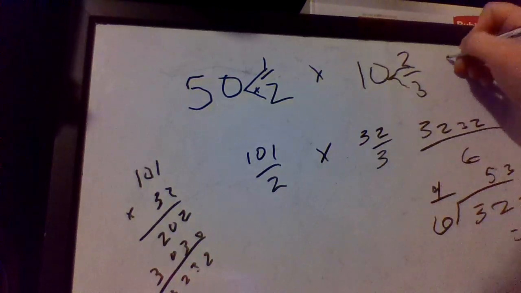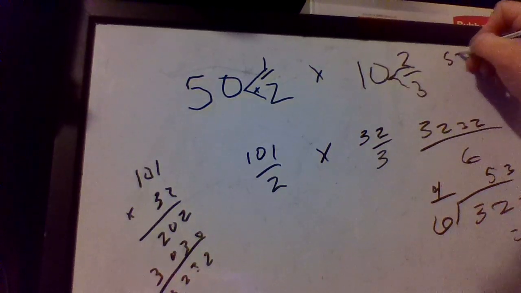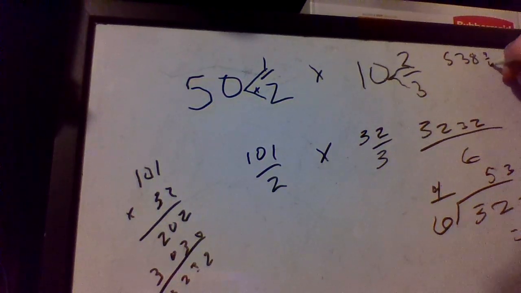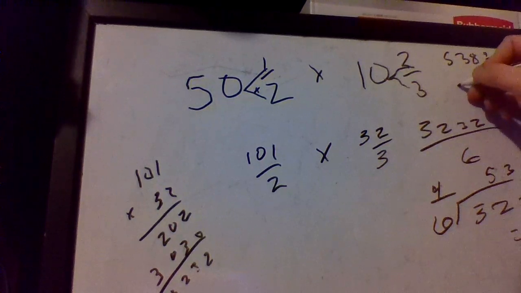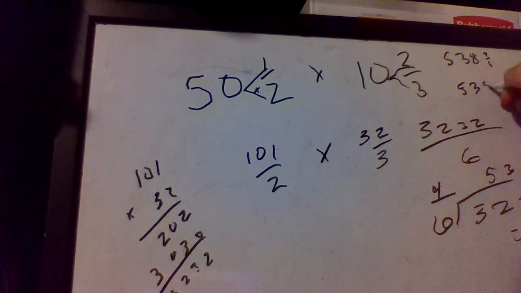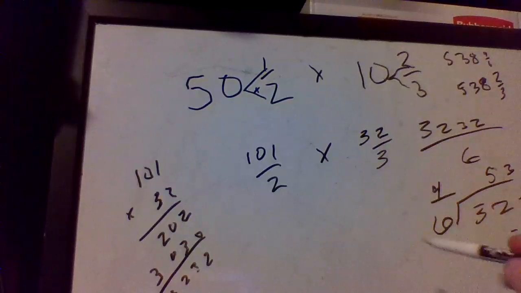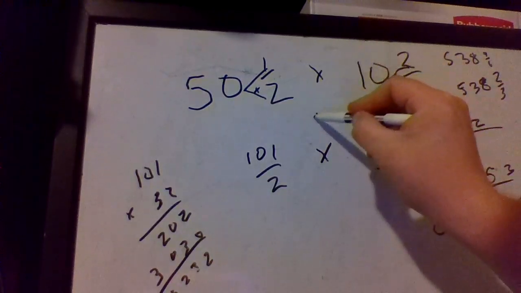So our answer is going to be 538 and 4/6. But we need to reduce that. So it would be 538 and 2/3. That will be our final answer. And if you do 50 times 10, you're going to get 500.